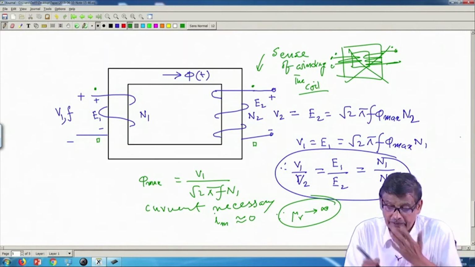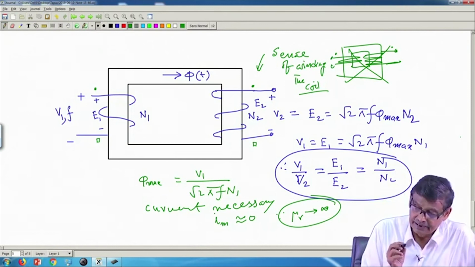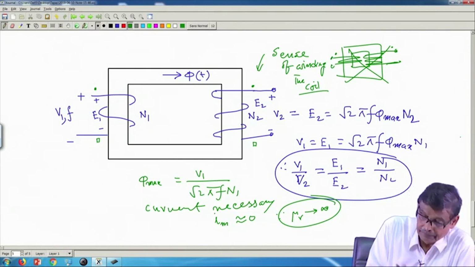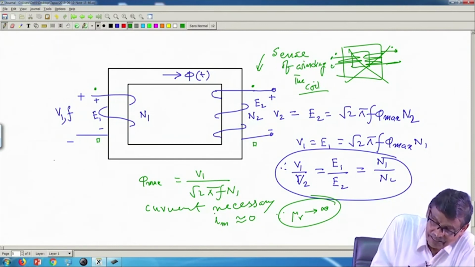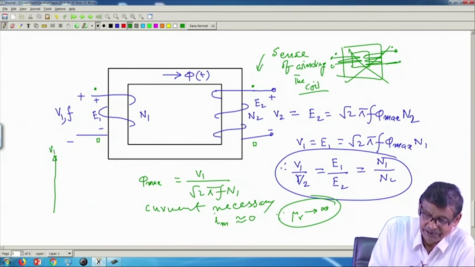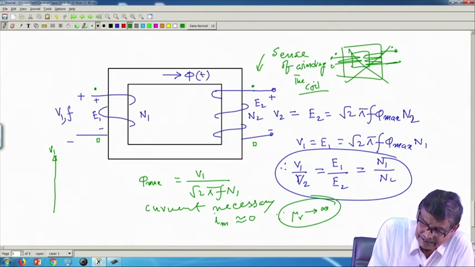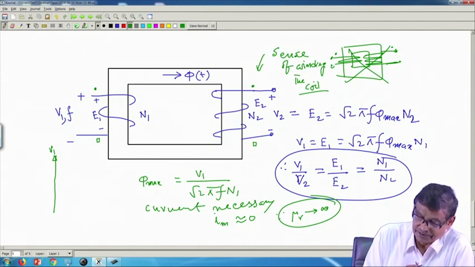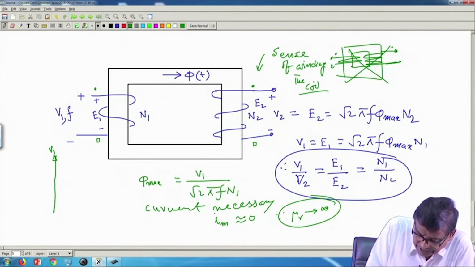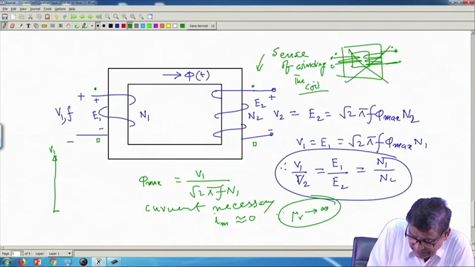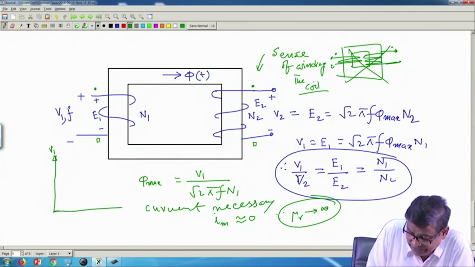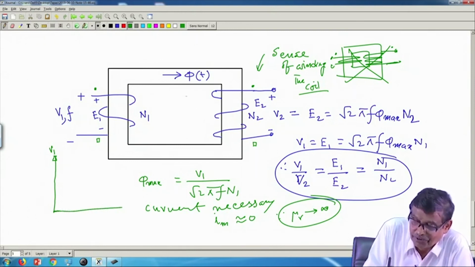And the last thing I will tell in this class: if I draw the phasor diagram, this is the applied voltage. Let me just draw it to give you some idea. The magnetizing current drawn, although vanishingly small, will be lagging 90 degrees, along this line, because after all it is a pure inductance.